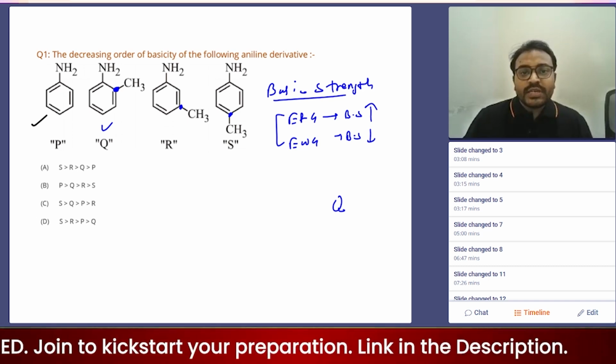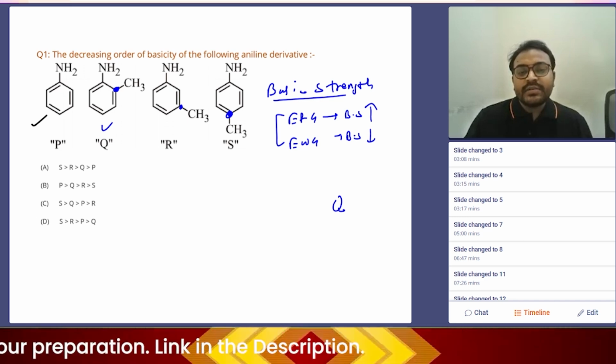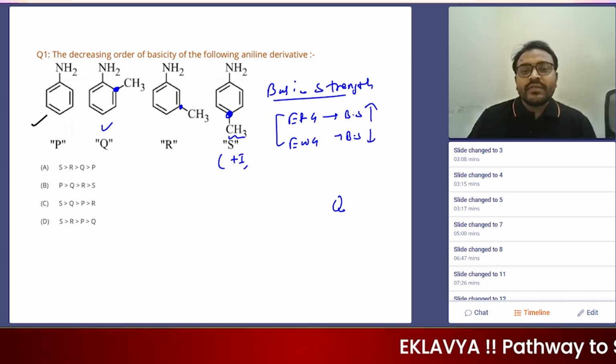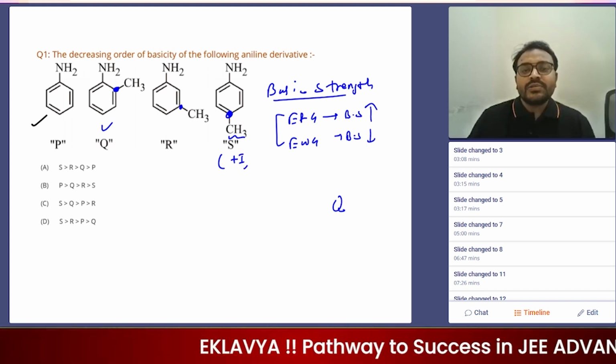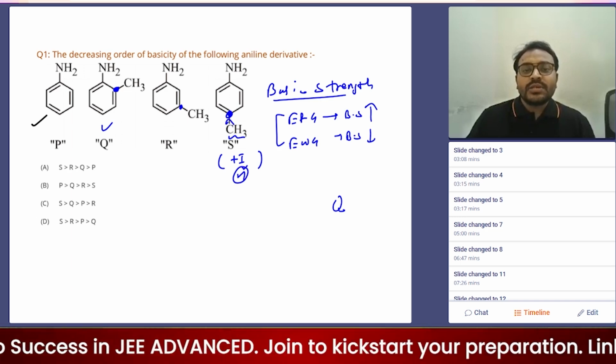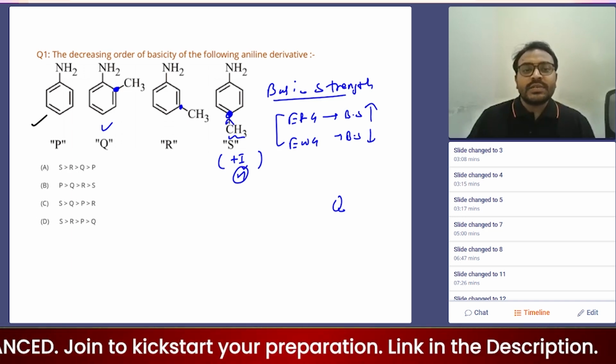And the most basic is para substituted aniline, because there is a CH3 group showing hyperconjugation as well as +I inductive effect, so it is increasing the electron density.